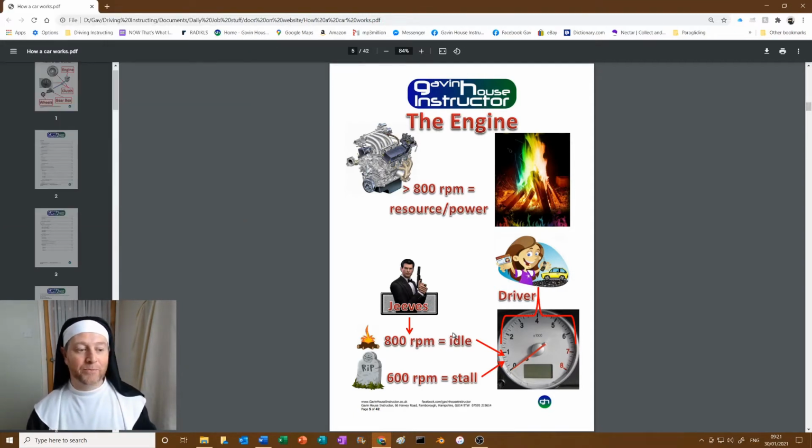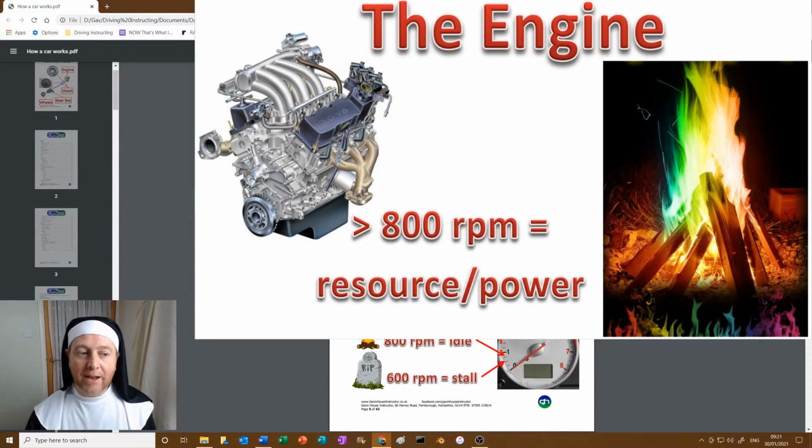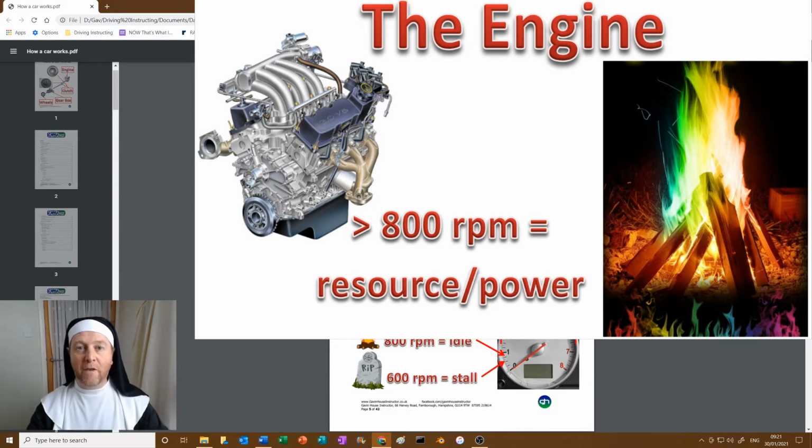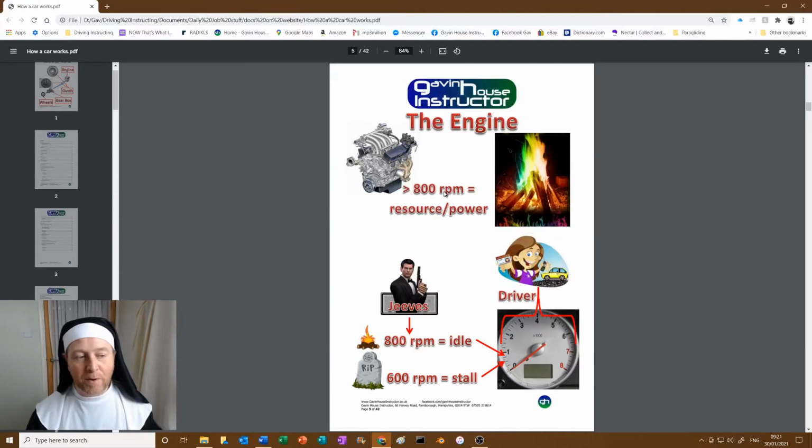Okay, now, if he didn't squirt diesel into the engine, then effectively the fire inside would go out. The engine operates at greater than or equal to 800 RPM, and the fire gets bigger inside by squirting more fuel into it. The more fuel we fire into it, the bigger the fire gets and the more explosions and the faster the engine spins around, and that is the responsibility of the driver.